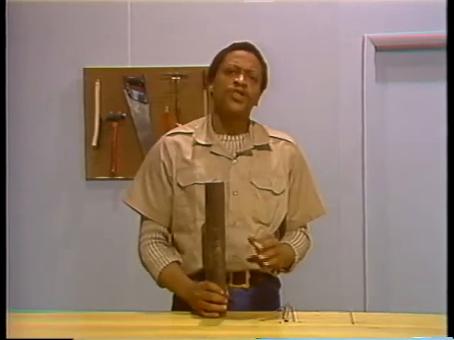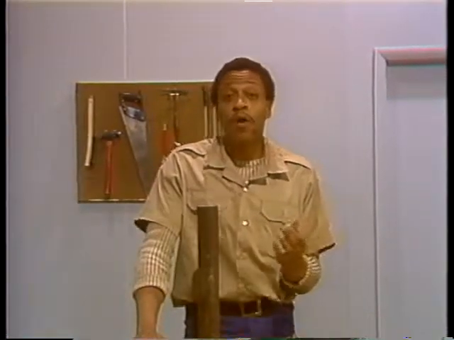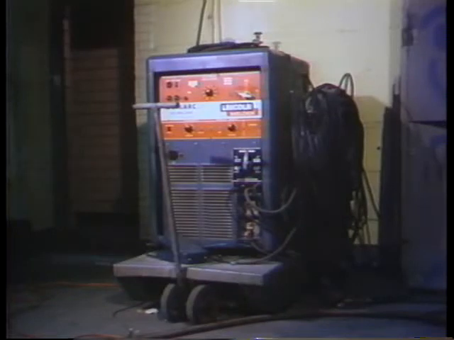Before starting the job, get all of the equipment you'll need to do the work. First of all, you'll need a welding machine. If there's a written procedure, it may call for a particular type of welding machine.